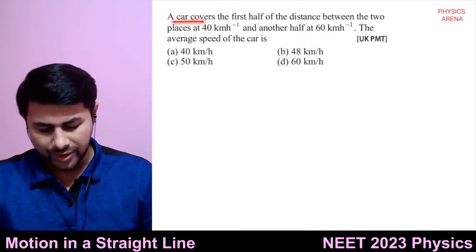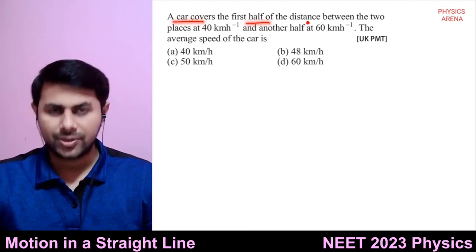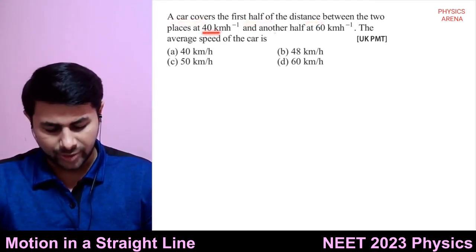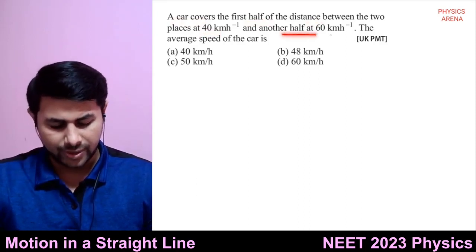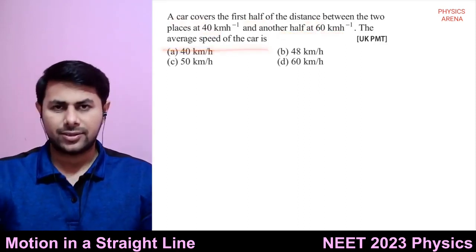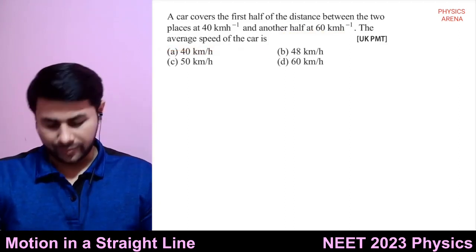A car covers the first half of the distance between two places at 40 kilometers per hour and the other half at 60 kilometers per hour. The average speed of the car is? Okay, this is the question.